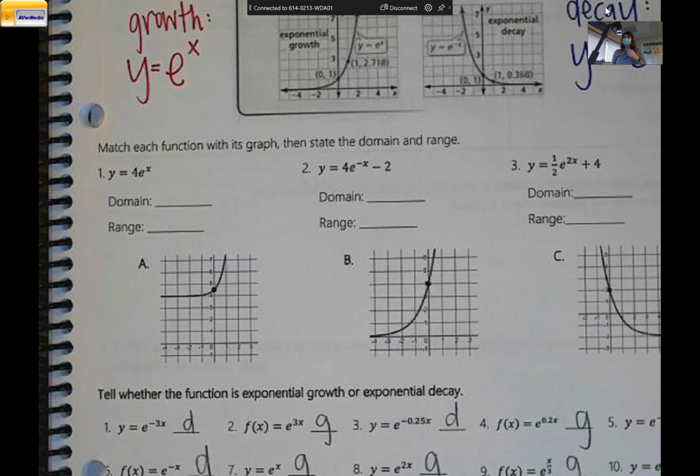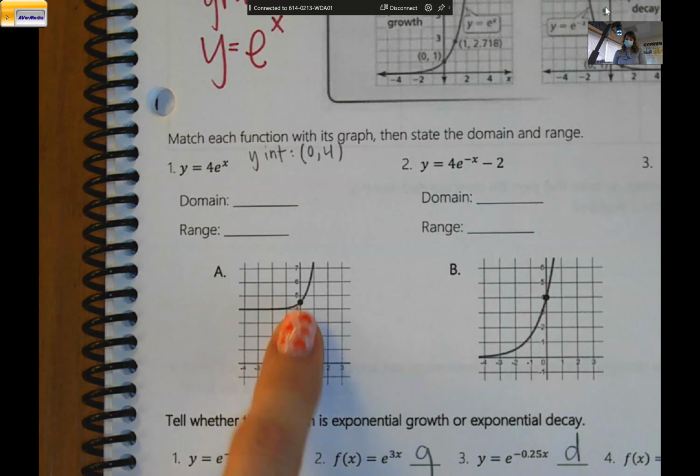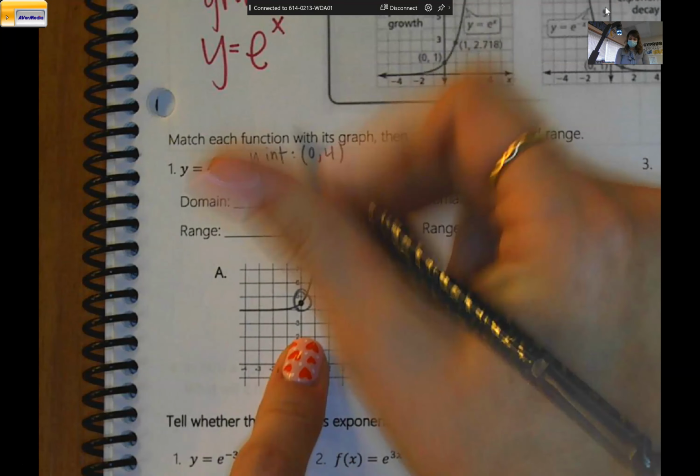On this guy, your y-intercept should be at 4. Your y-intercept is at 0, 4. Now this guy, I don't know what happened here, but this should be at 4. So A should be 4.